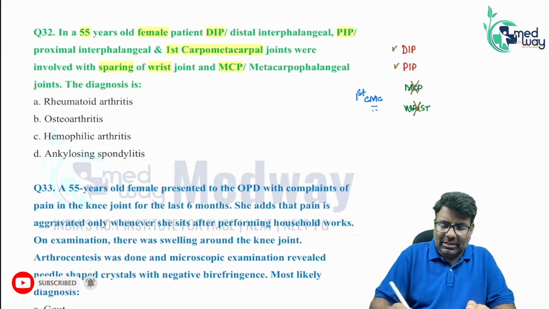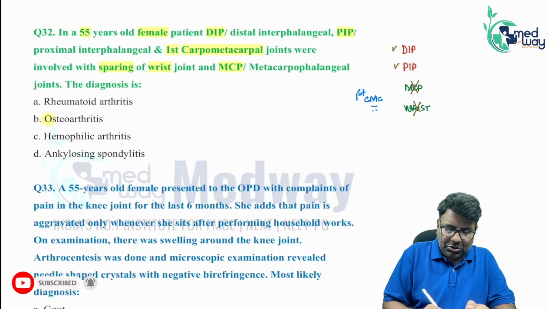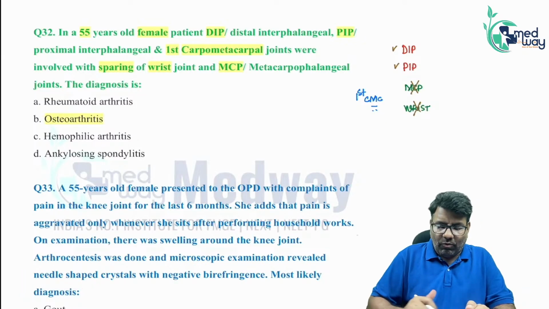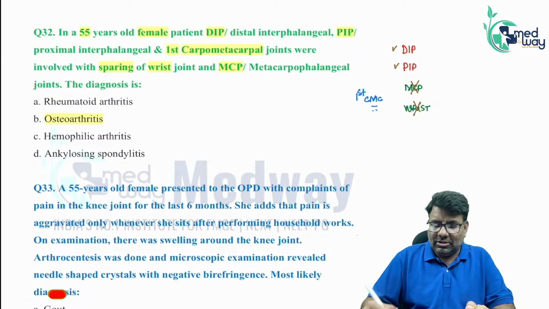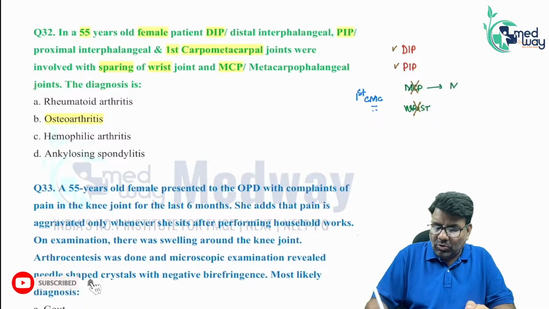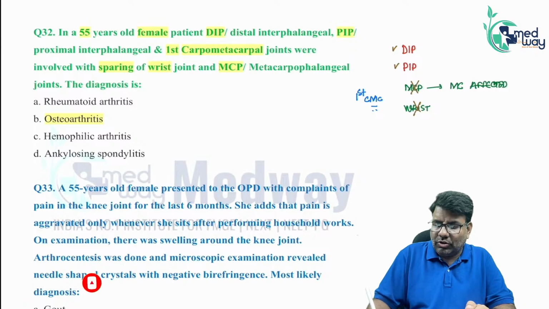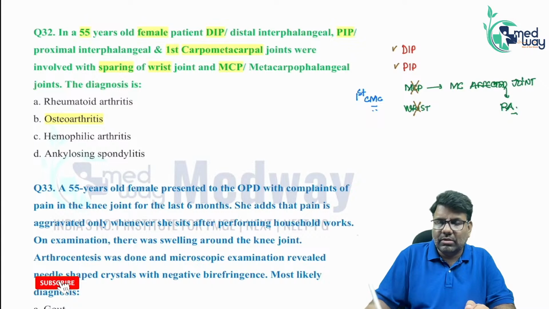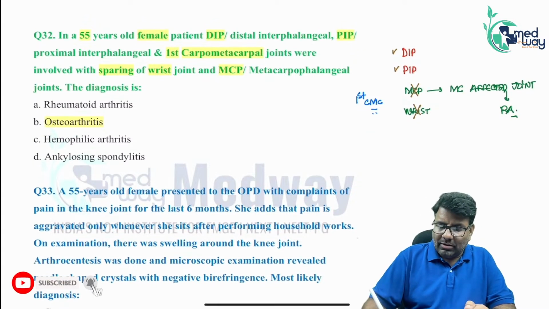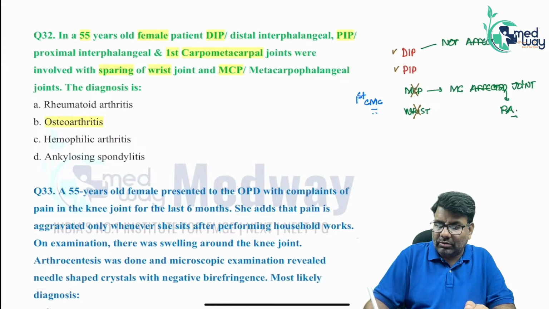Now, this classically suggests the diagnosis of osteoarthritis. Now, why is it not rheumatoid arthritis? Because MCP is the most commonly affected joint in rheumatoid arthritis, right? And DIP is not affected in rheumatoid arthritis.